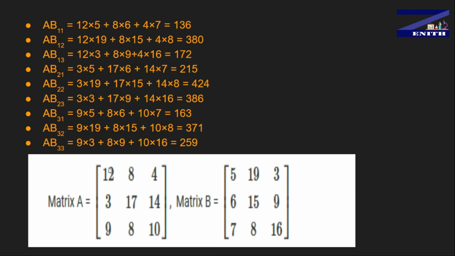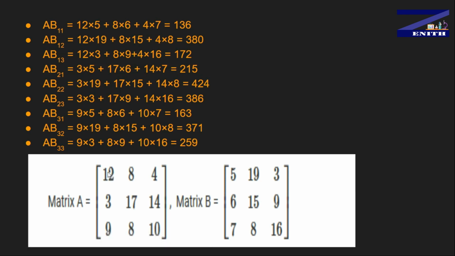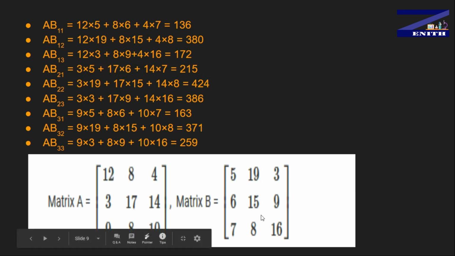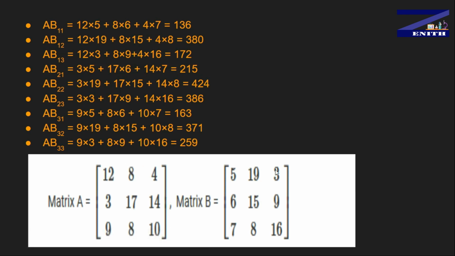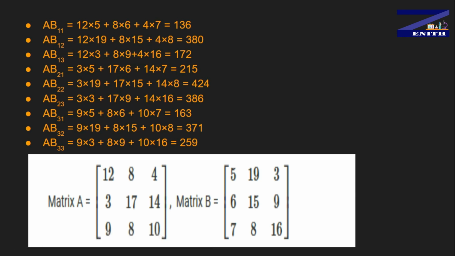See here guys, we have 12, we are multiplying with 5, 8 multiplying with 6, and after that we are multiplying 4 with 7. So this is the whole thing that we have to do with all rows and columns. Now we have to multiply this row with this column, and the first row with the third column also. So it means that in the end you have to multiply every row with every column.